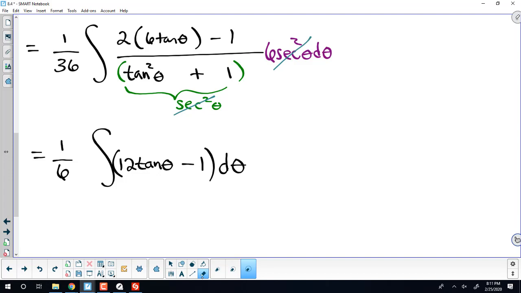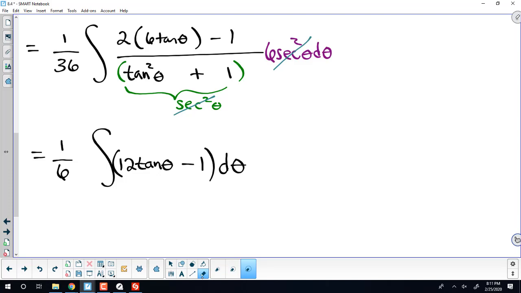All right. Again, what's the antiderivative of tangent? Natural log, right? Natural log of secant theta plus tangent theta. That's the antiderivative of secant, never mind. The antiderivative of tangent is a log, like the cosine. Negative, yes.